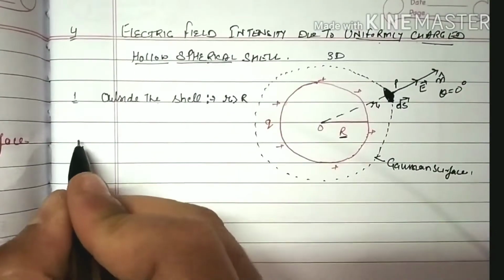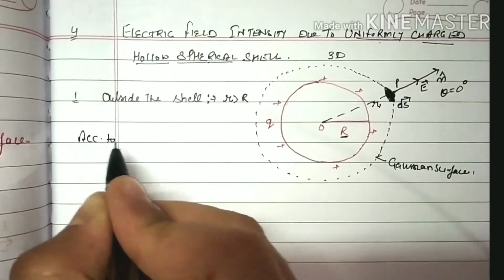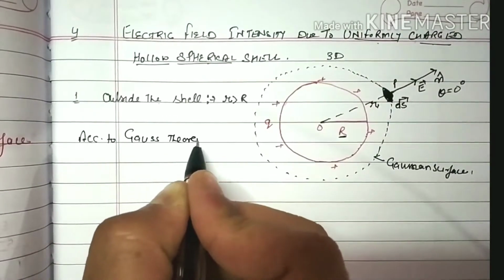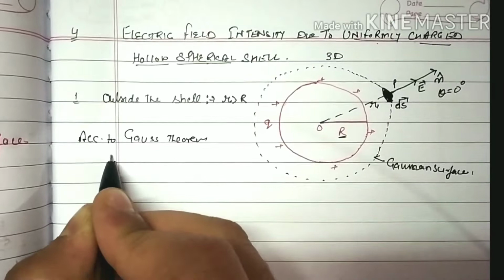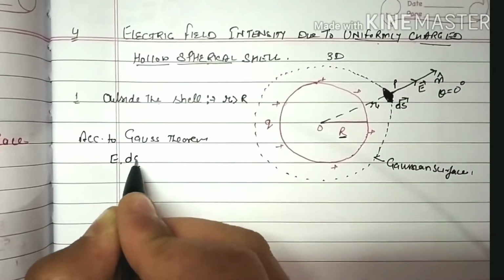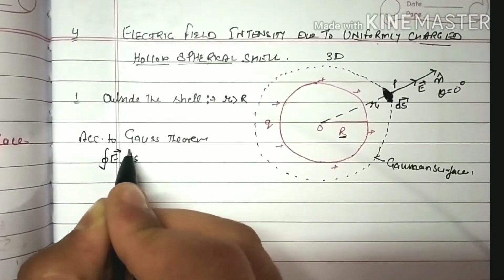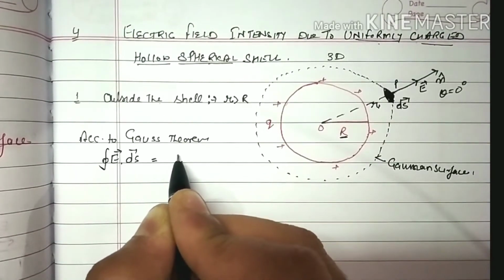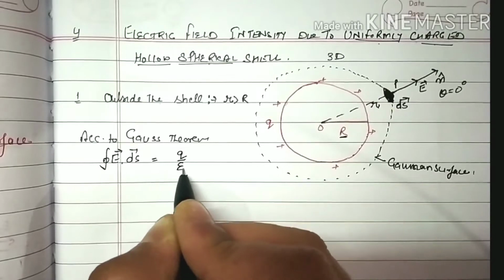Now according to Gauss theorem, the surface integral of the electric field over a closed surface is equal to q upon epsilon naught.